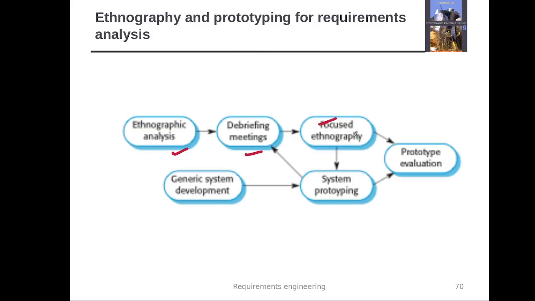You make a prototype and try to understand the requirements. From here a requirement can be finalized. You can come to prototype evaluation, or you can generate the system prototype, which may need some briefing again. So you can cycle here for some time and then make a prototype for evaluation. During this you can also use generic system development processes.